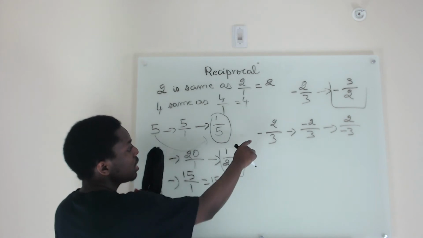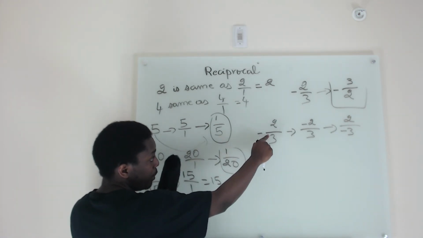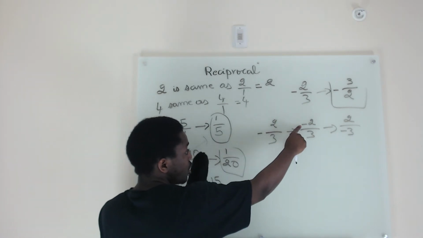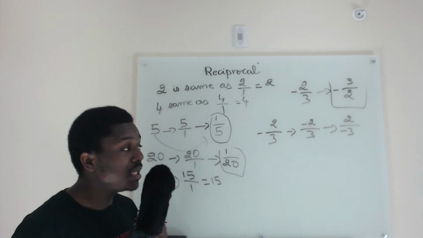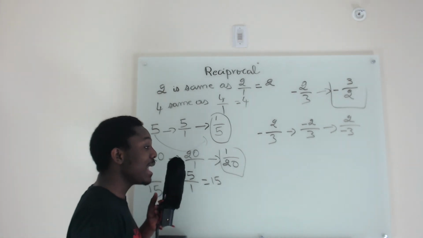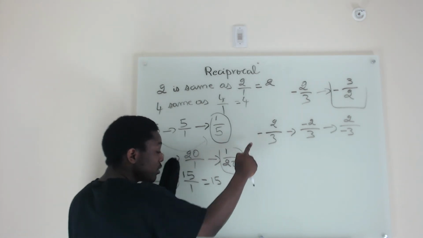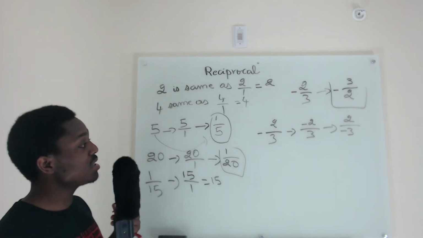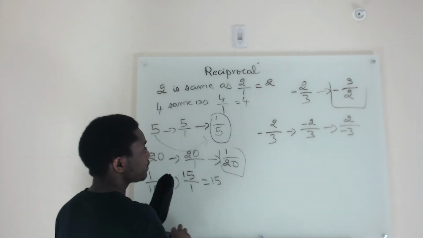So whether the minus sign is right in front of the fraction bar or right on the top or on the bottom, it doesn't matter. The answer will always be the same. However, it is much nicer to write the negative sign right in front of the fraction bar. It makes it look more beautiful.